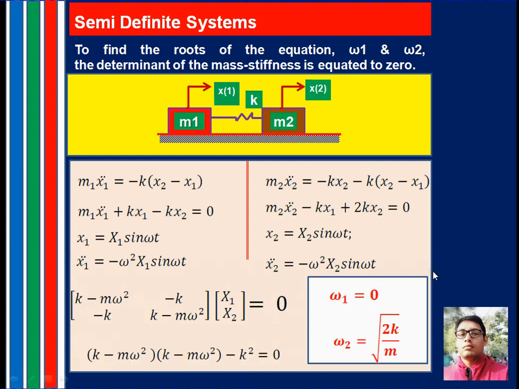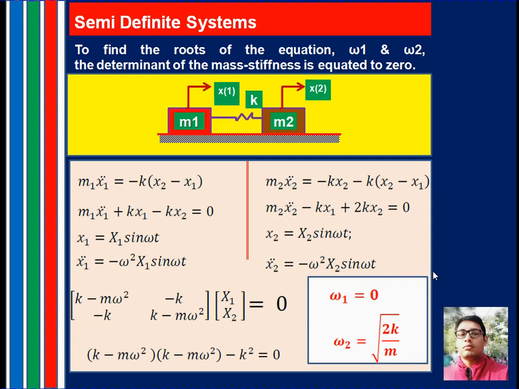Now there is another interesting topic in vibration, called a semi-definite system. Semi-definite systems are defined such that one of the roots of the equation, or one of the modes, is 0. For example, in this particular figure, m1 and m2 are the two masses, with the first body moving towards the right by x1 and the second body by x2.